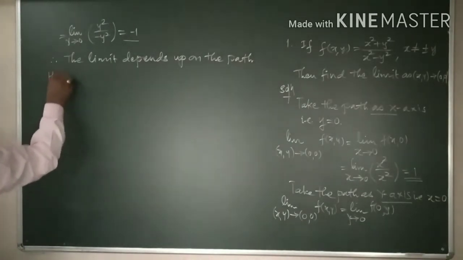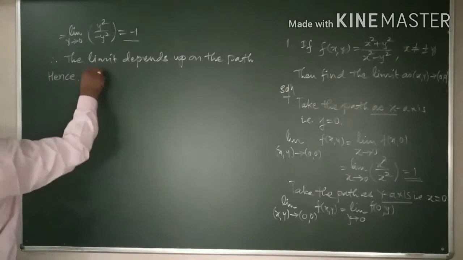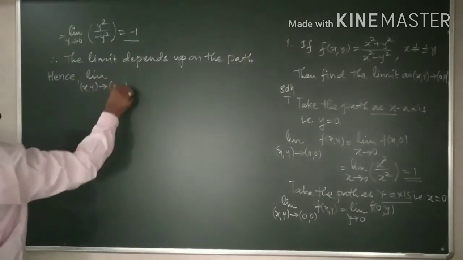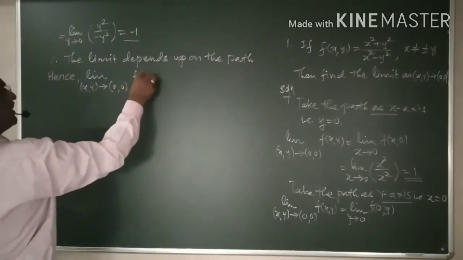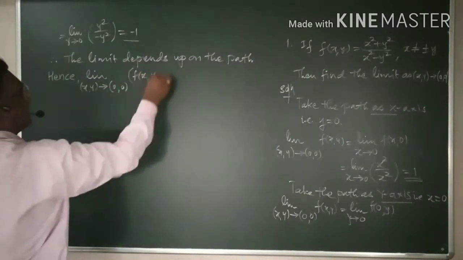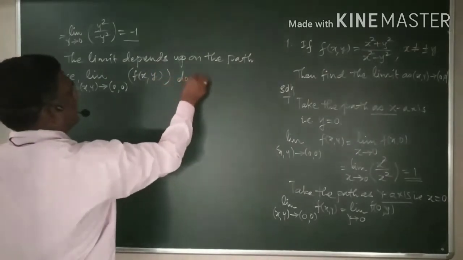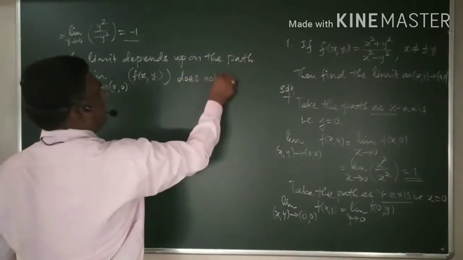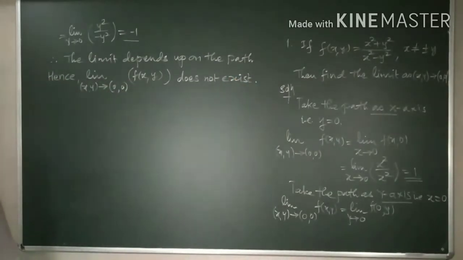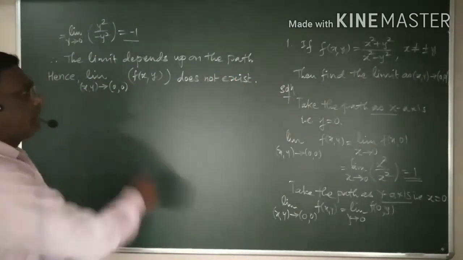Hence, the limit as (x, y) tends to (0, 0) of the given function f(x, y) does not exist.